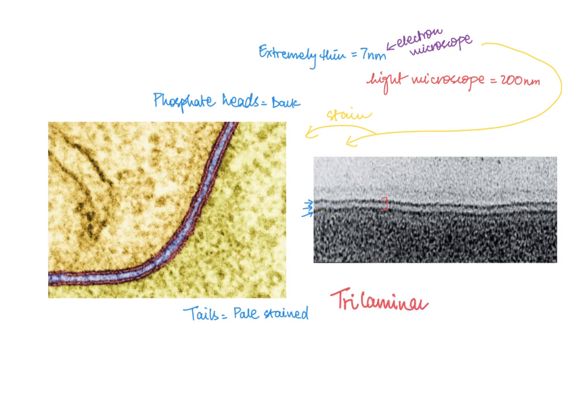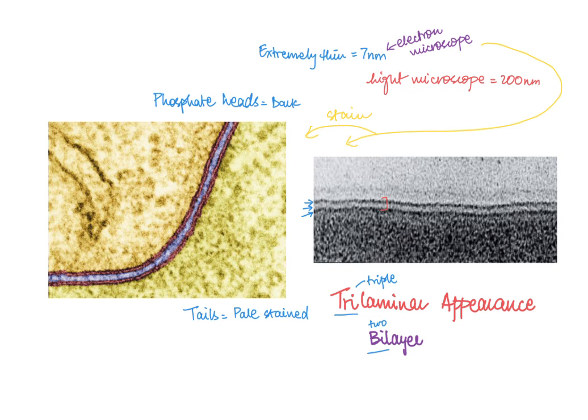This can be a little misleading because I've already pointed out that the membrane is a bilayer structure, not a triple layer structure. But because of the stains that we use to stain the specimen to view under the electron microscope, the stain makes it look like the membrane has 3 layers instead of 2: the phosphate heads on both sides appearing darker, and the phospholipid tails appearing paler in the center.